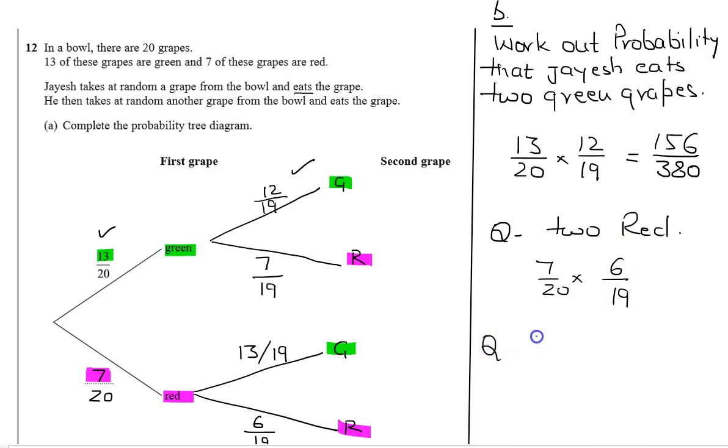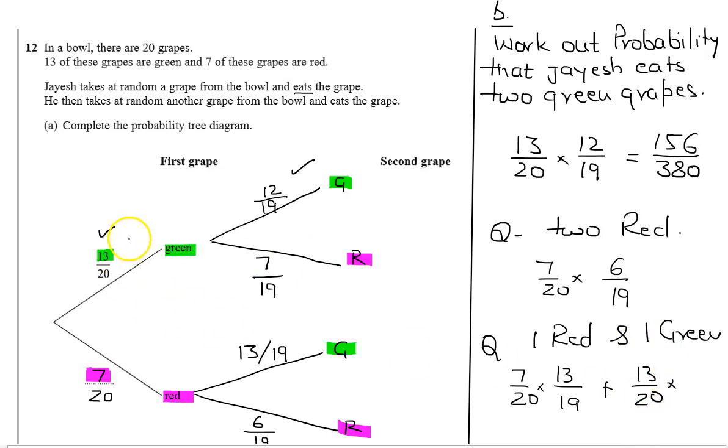Had the question been 1 red and 1 green without any specific order, then 1 red 7 over 20 and 1 green 13 over 19, plus we have another possibility, first green, that is 13 over 20, and 1 red 7 over 19. So that's how you solve the questions of probability.